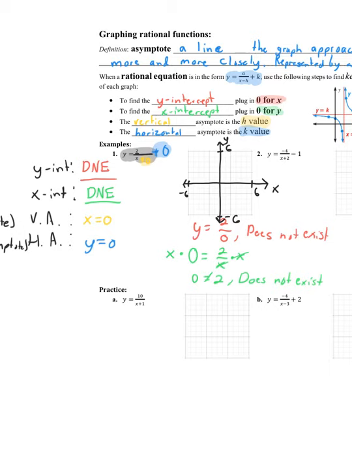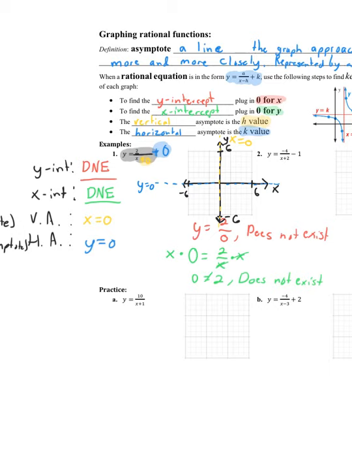In this case, it's kind of a tricky one because there are no intercepts. But I can go ahead and sketch my asymptotes. Sketch the vertical asymptote in yellow, the horizontal asymptote in blue, and I do dashed lines to represent them. Y equals 0, that's my horizontal asymptote. My vertical asymptote, x equals 0.